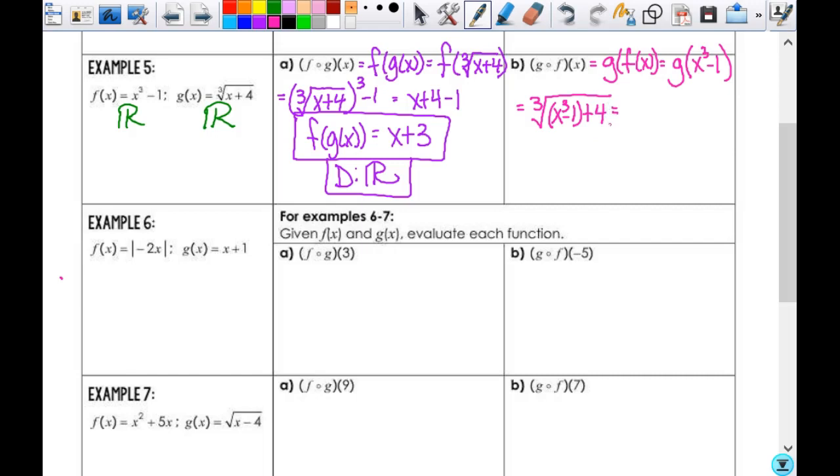Okay. So do those parentheses really do anything right there? Nope. So that means I can simplify this to the cube root of what? X cubed plus 3, right? Because that negative 1 and that 4 combine, and that is g of f of x. And the domain is all real numbers.